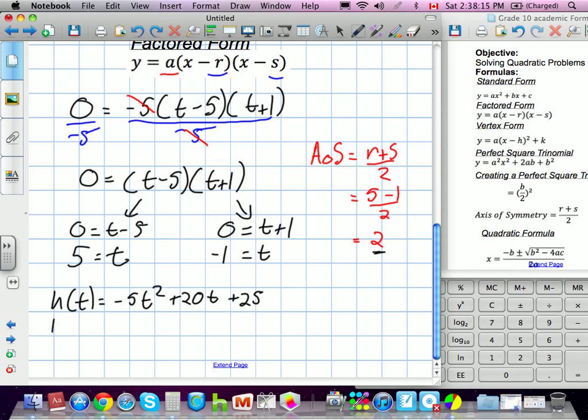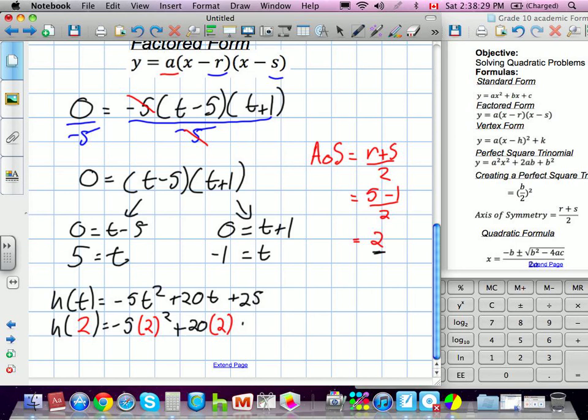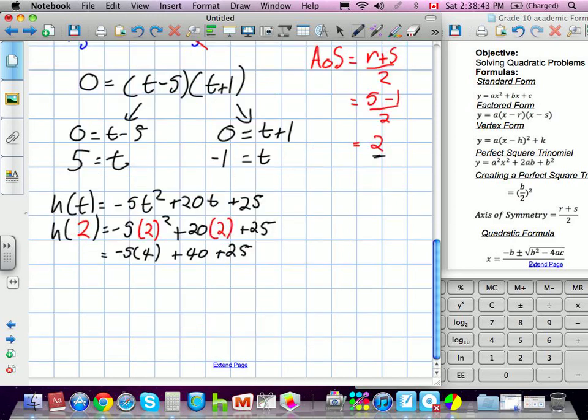So we're going to replace all the t's with the number 2. Figure out what that's going to be. Plus 20 times 2 is 25. So, in our first step, what is 2 squared going to be? 20 times 2? We got plus 25. What is -5 times 4? Yeah. And we got our 40 plus 25.